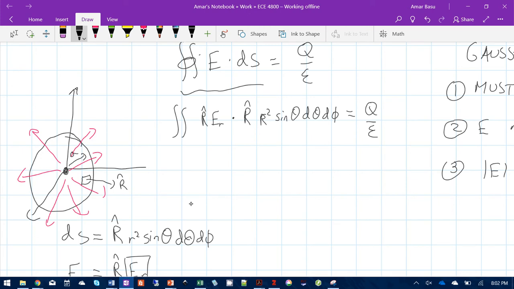When we do this dot product, we get E sub r times r squared sine theta d theta d phi equals q over epsilon. Let's not forget the two integrals here. What are going to be our limits of integration? Theta is going from 0 to pi, and phi is going from 0 to 2 pi.